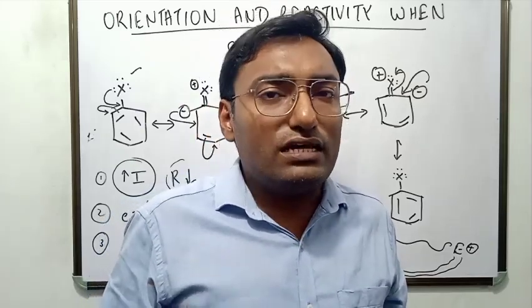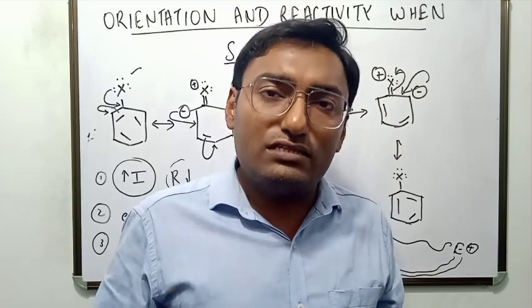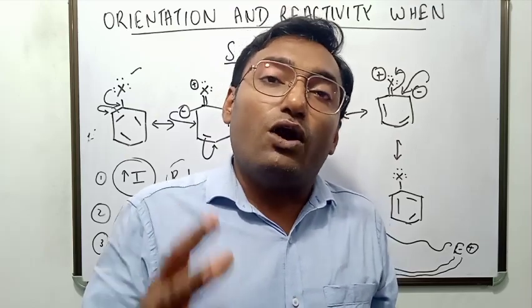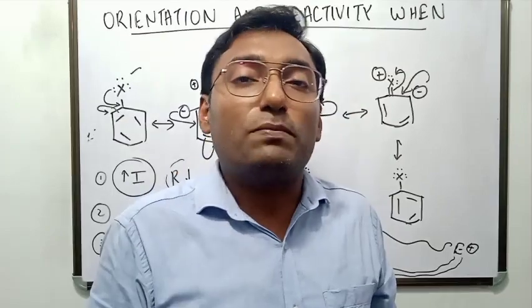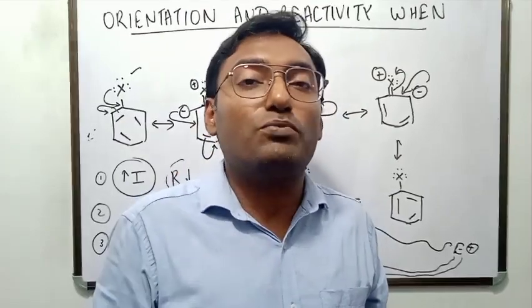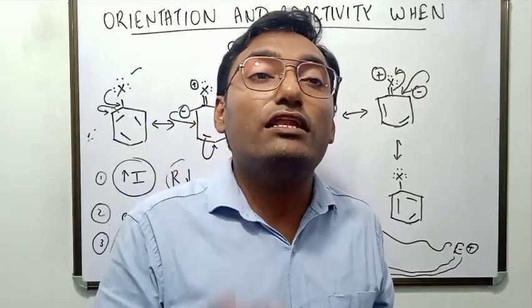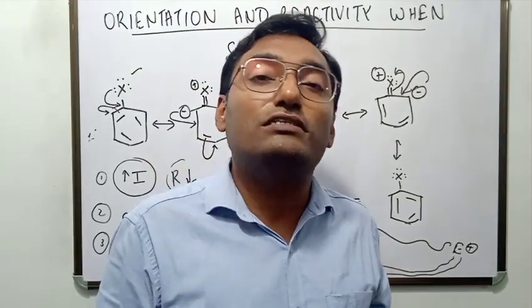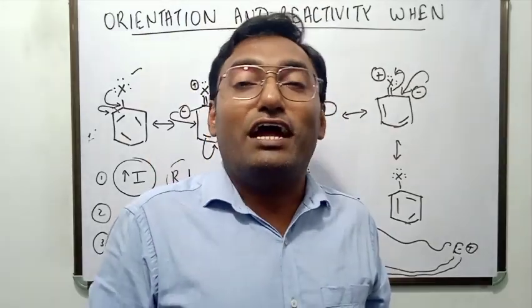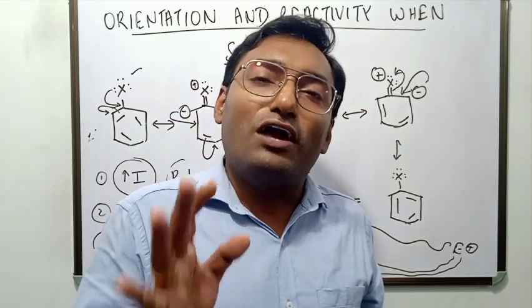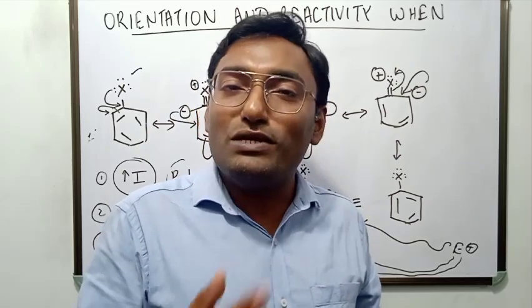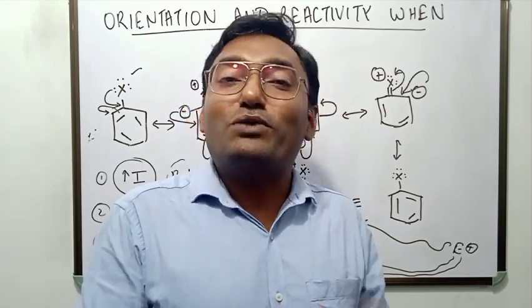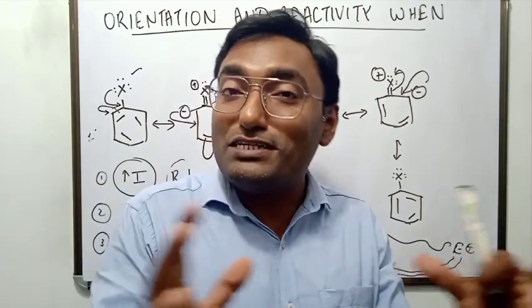Now in this same video we will see orientation when alkyl groups are present. What we are going to prove here is that alkyl groups are wonderful, fabulous ring activators and ortho para directors. How alkyl groups are doing so, we will see by looking at the distribution of charges.